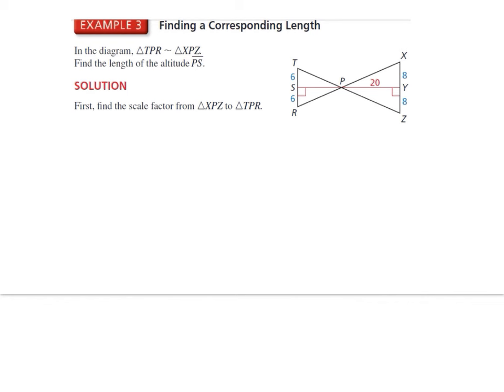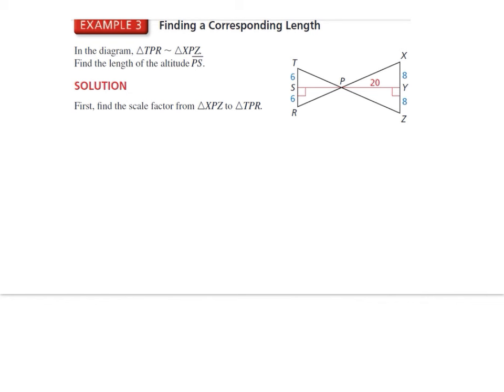So first we're going to look at the scale factor. What number do I need to multiply times any of the sides of triangle XPZ in order to obtain the side lengths of triangle TPR? So notice that you're going from large to small.